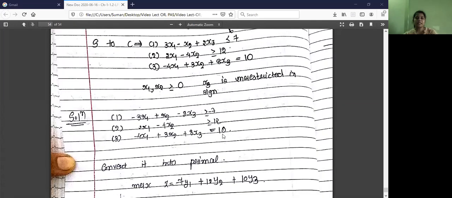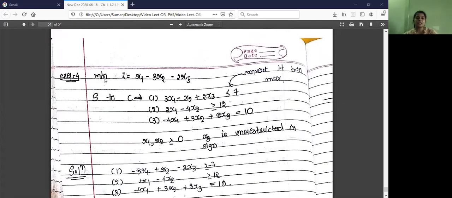Got it? In this question, the objective is minimization, so the inequality is always greater than or equal to type. So whenever we solve any question, first check all the inequalities according to the objective function. Okay, I will continue this topic in our next session.